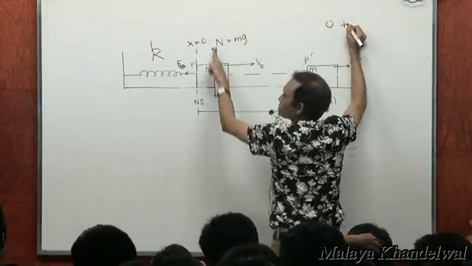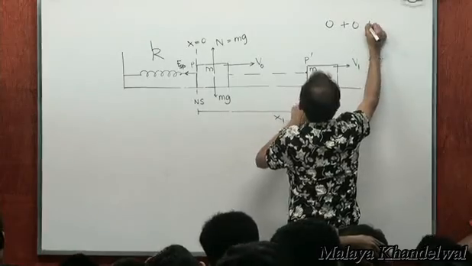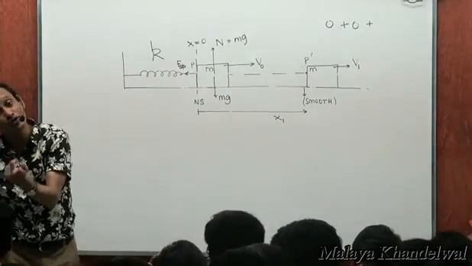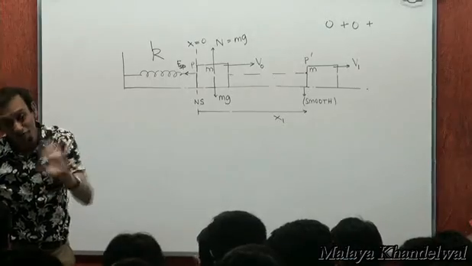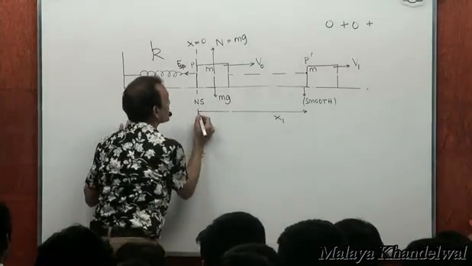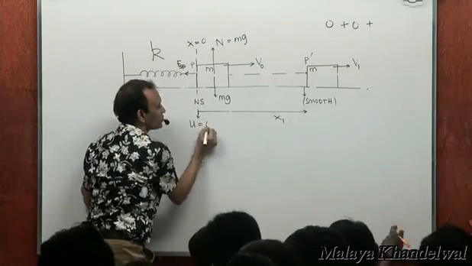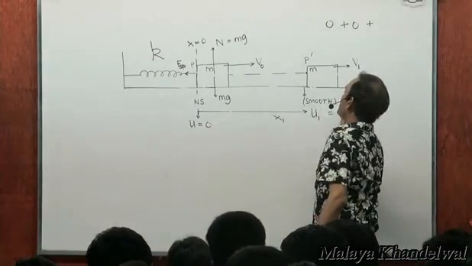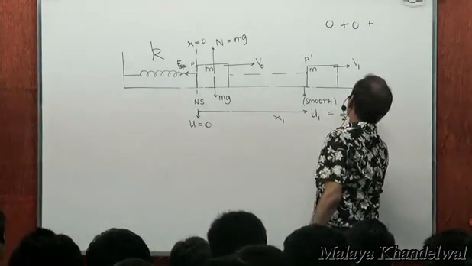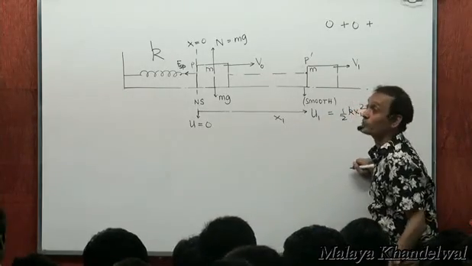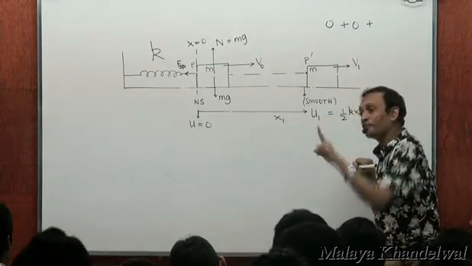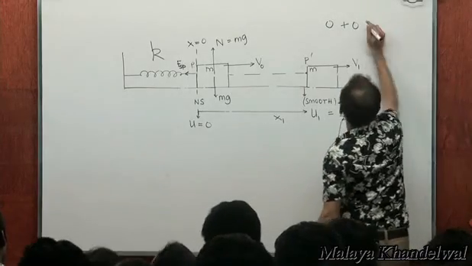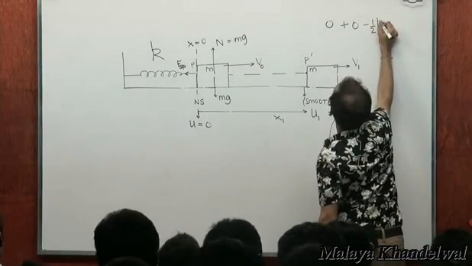Work done by normal reaction, 0. Work done by the spring force will be the negative of the change of elastic potential energy. Now this was x equal to 0, so potential energy was 0 here. At this state, what is the potential energy? Half k x1 squared. Work done by the spring force will always be the negative of final potential energy minus initial potential energy. So the work done by the spring force would be minus half k x1 squared.